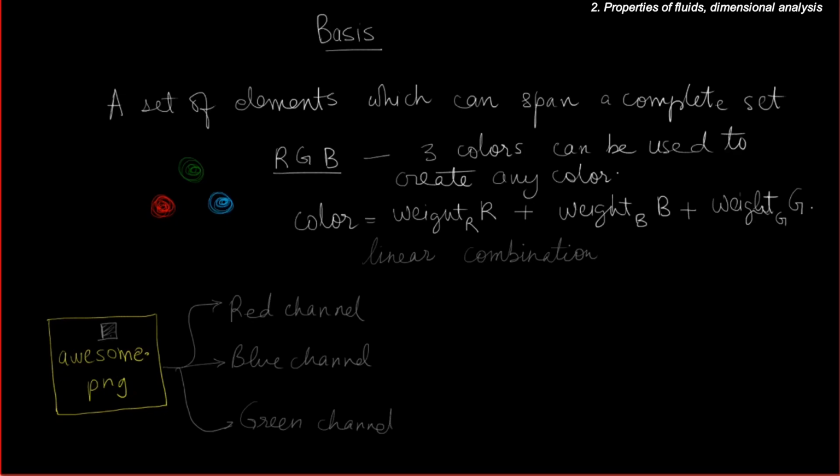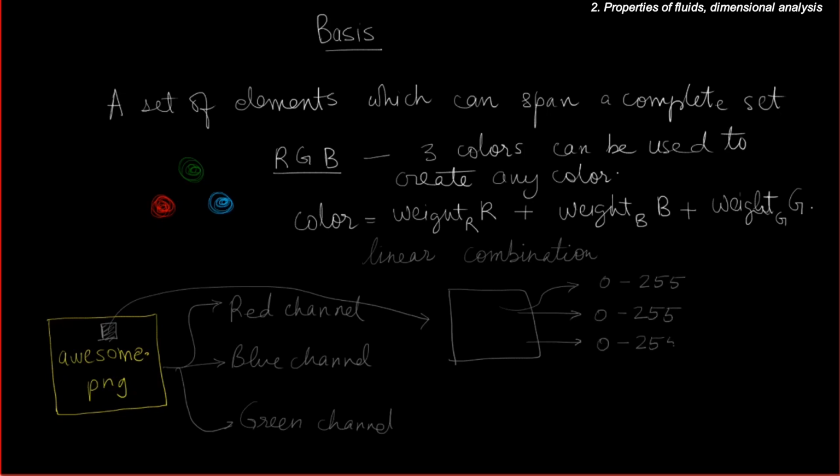The weights range from 0 to 255, and for example a pixel can have a set of RGB as 128, 92 and 41. So it is 128 times the absolute color of red plus 92 times the absolute color of blue plus 41 times the absolute color of green.